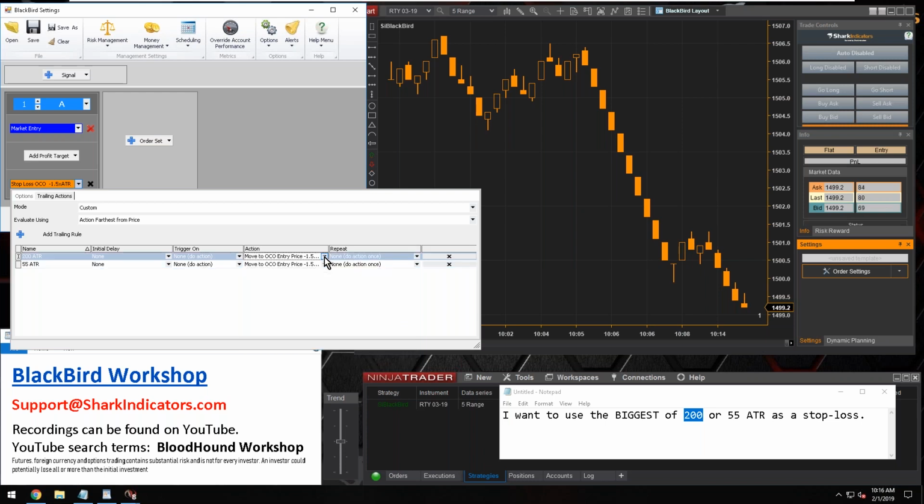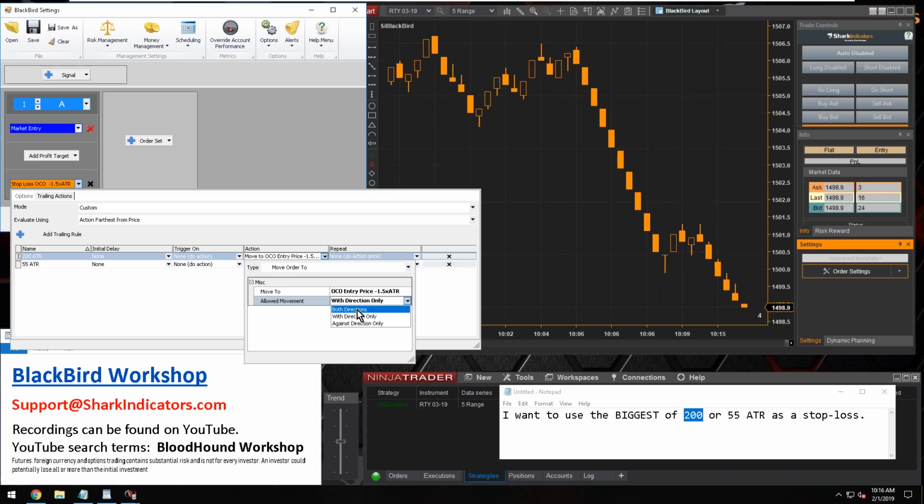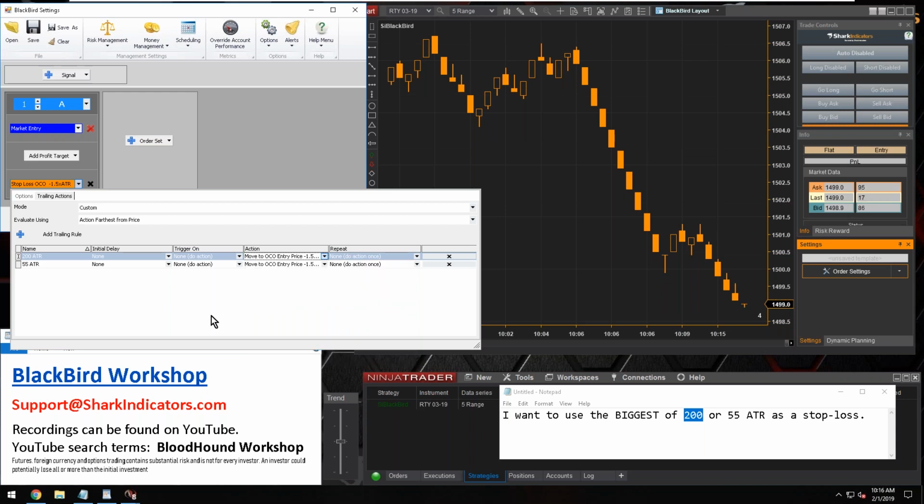So I need to open up the other trailing roll's action, and also adjust the allow movement to both directions. So that is how we would set up both of the trailing rolls, right?